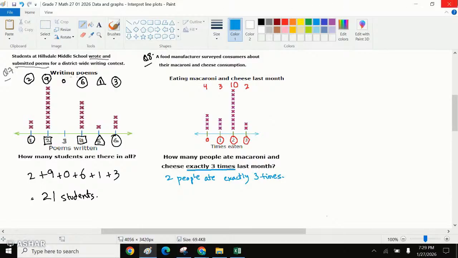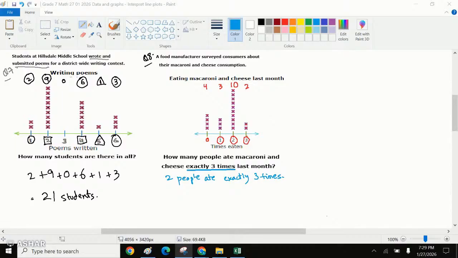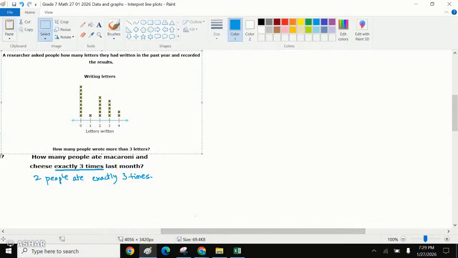Let's try another. The next question says, a researcher asked people how many letters they had written in the past year and recorded the results, right? Rather than letters, it could be emails, right?